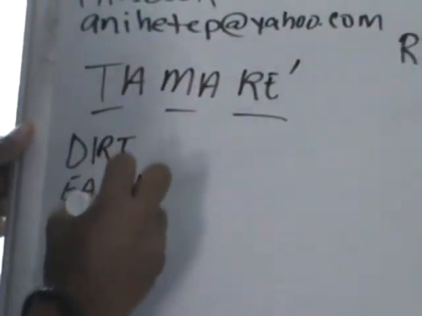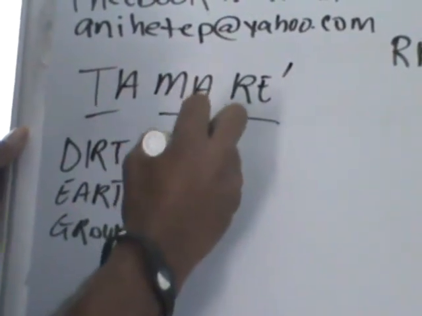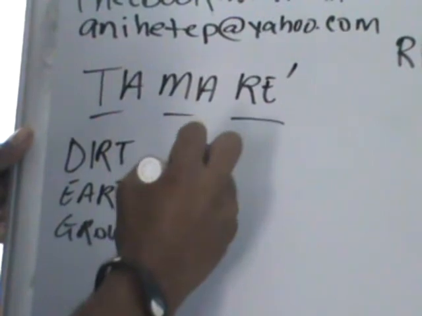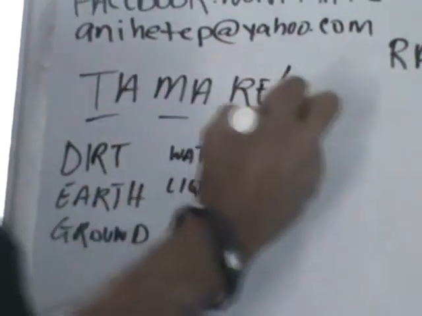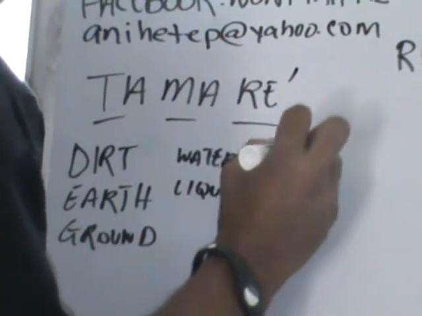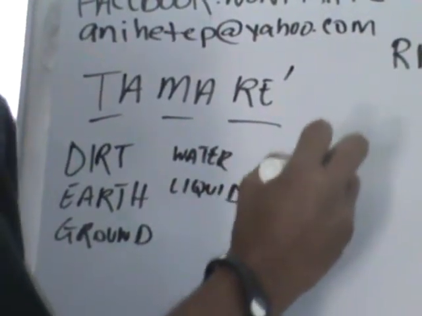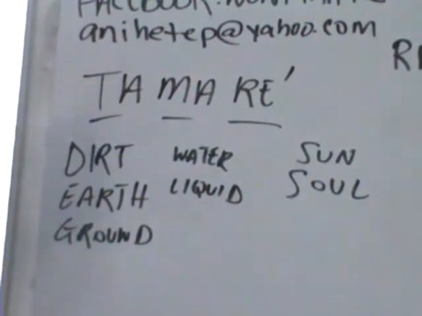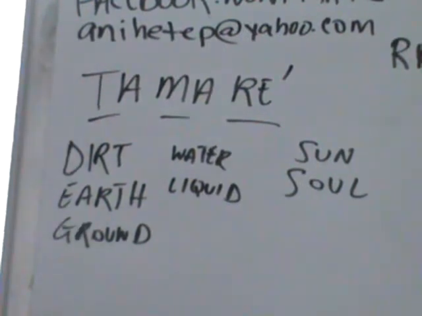Ground. Mu representing the water, the liquid. And you got Re, which is representative of the sun, right? Also the soul. Now you got earth, water, and sun.